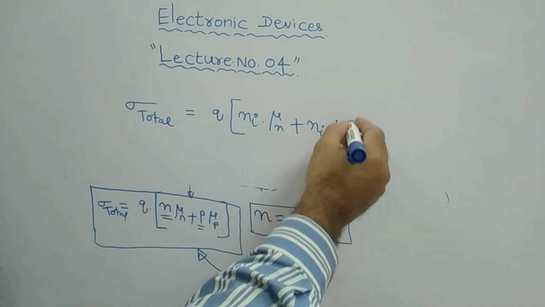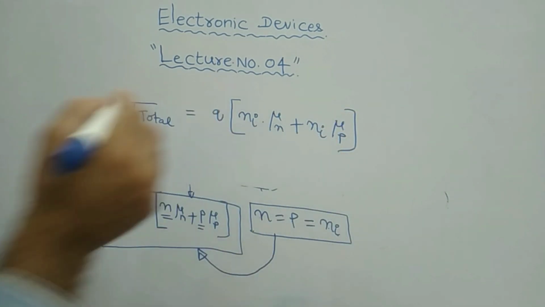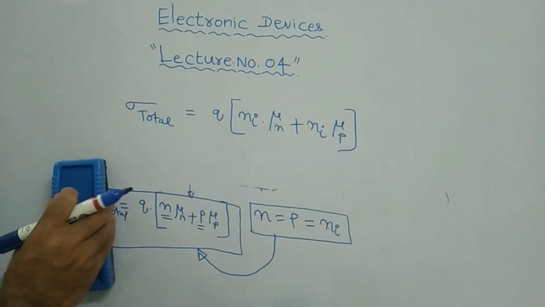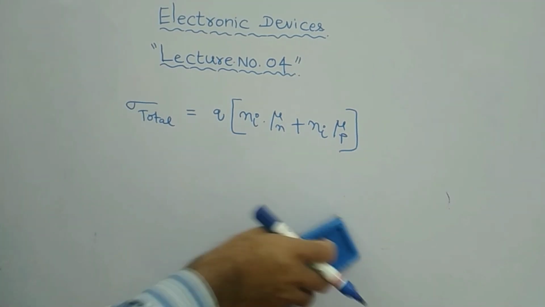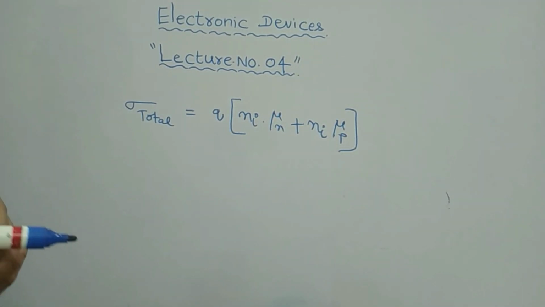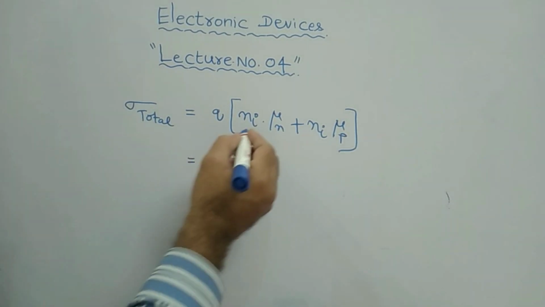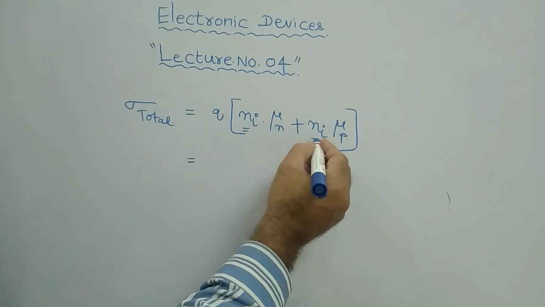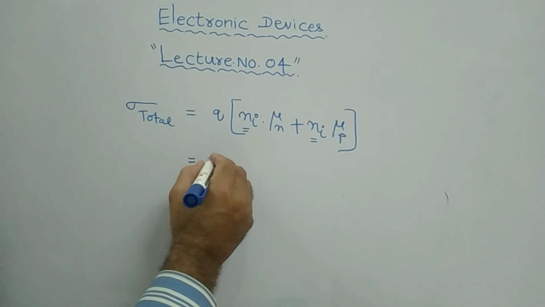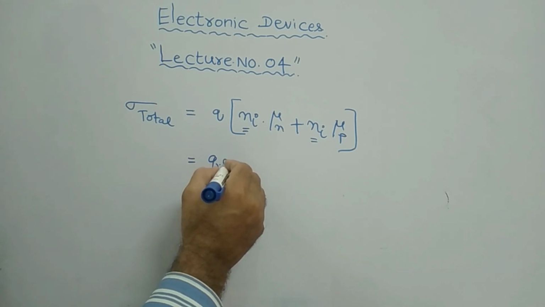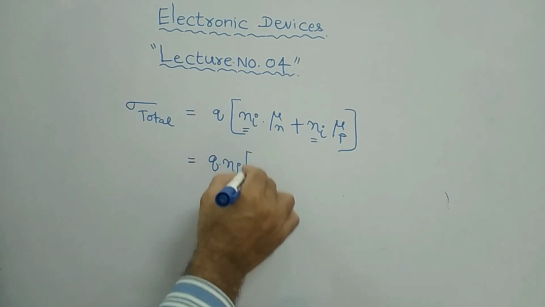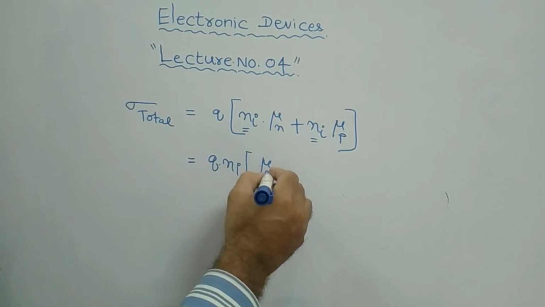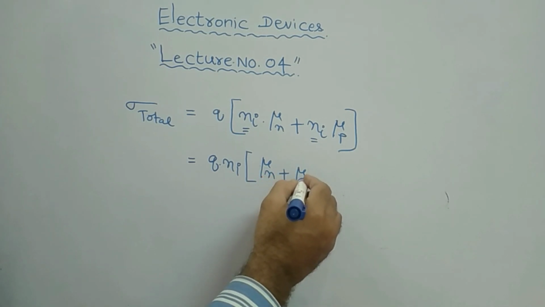Then this equation can be further reduced. Since n i is there in both terms, take it outside: sigma total equals q into n i into, mu n plus mu p.